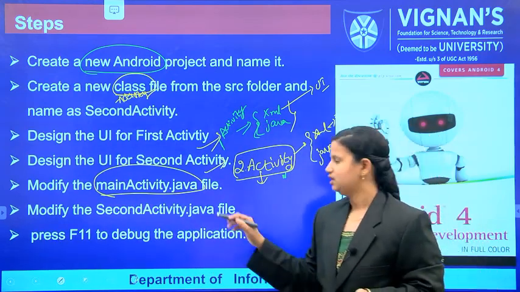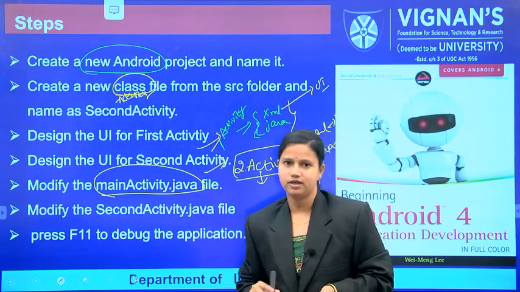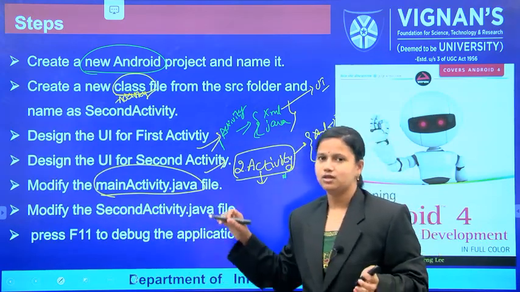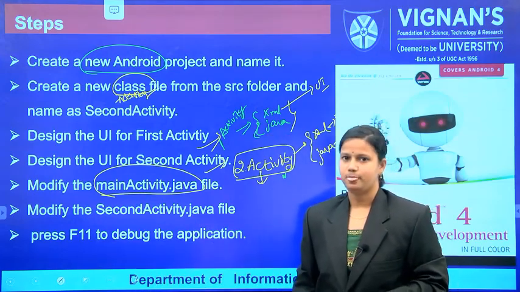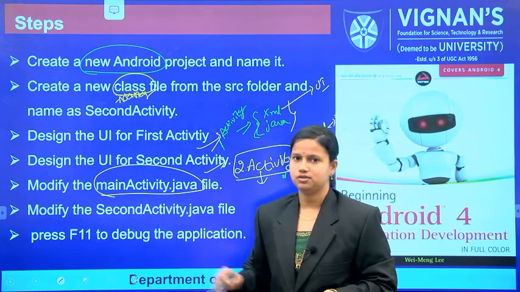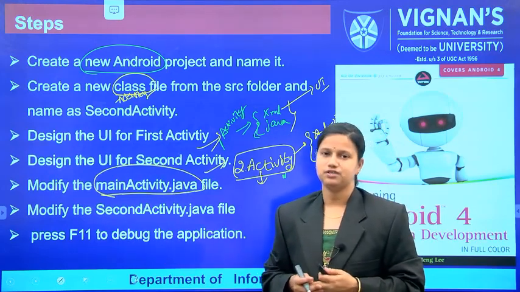That means the first activity Java file and the second activity Java file are to be modified. After completing these steps, we go to debugging the application, and to run the application you use F11. So the first step is over, that means creation of your new application with an empty activity.